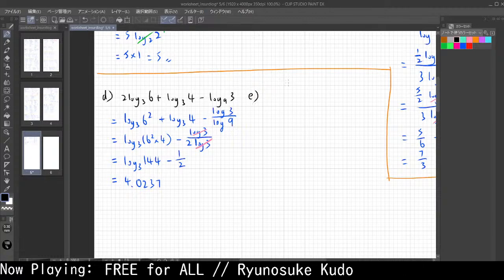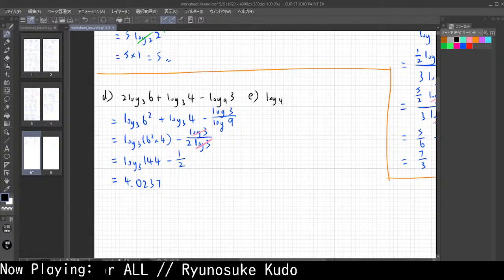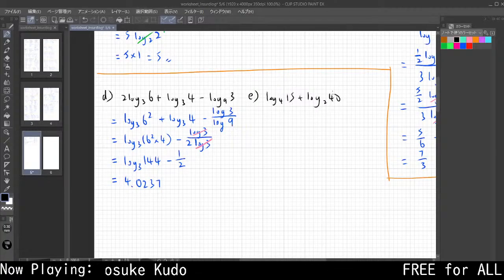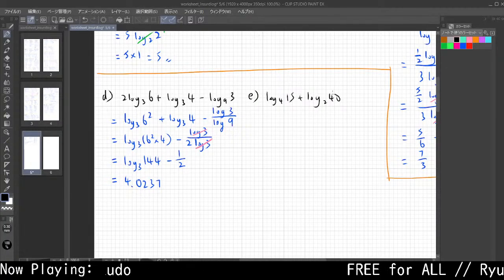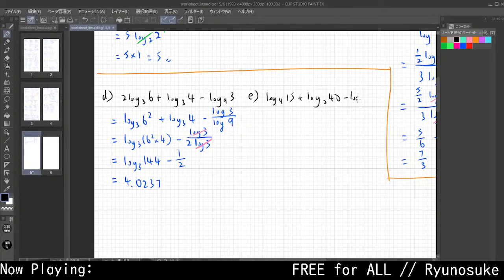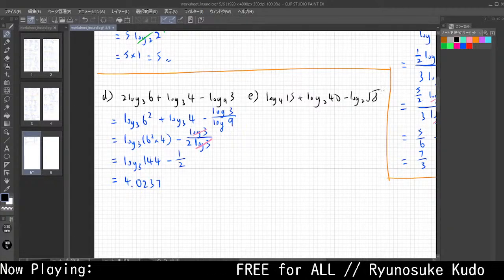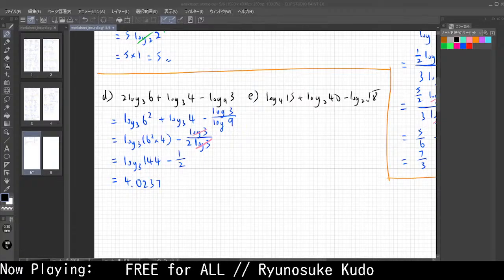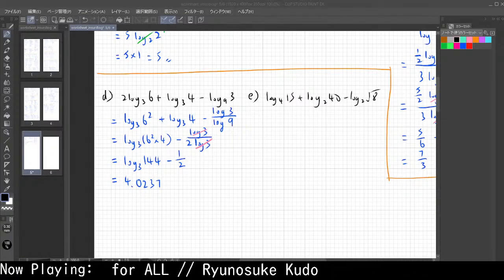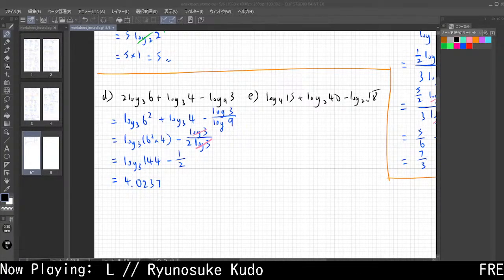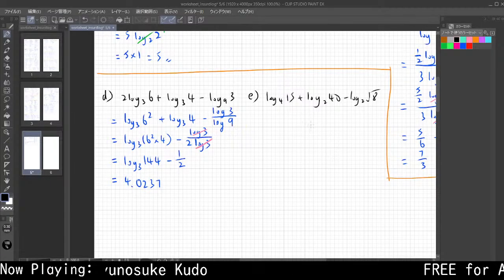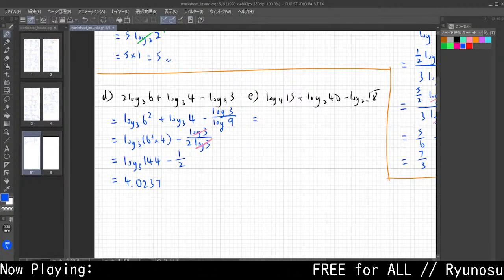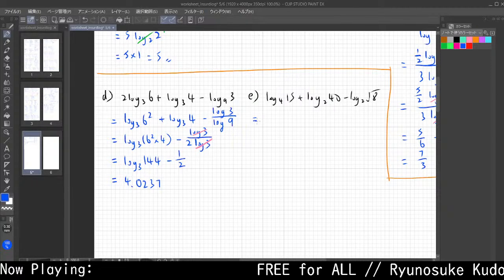Okay, E is log base 4 of 15 plus log base 2 of 40 minus log base 2 of 8. What we have over here is, again, the bases are not the same, and you want to turn them into the same.